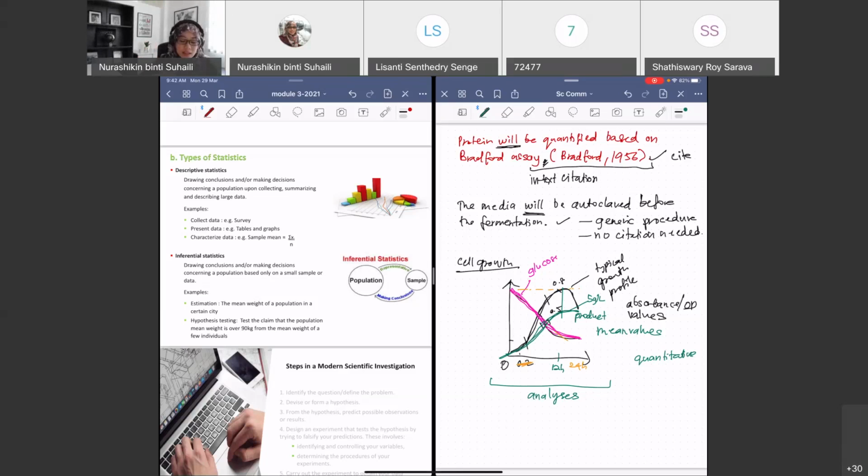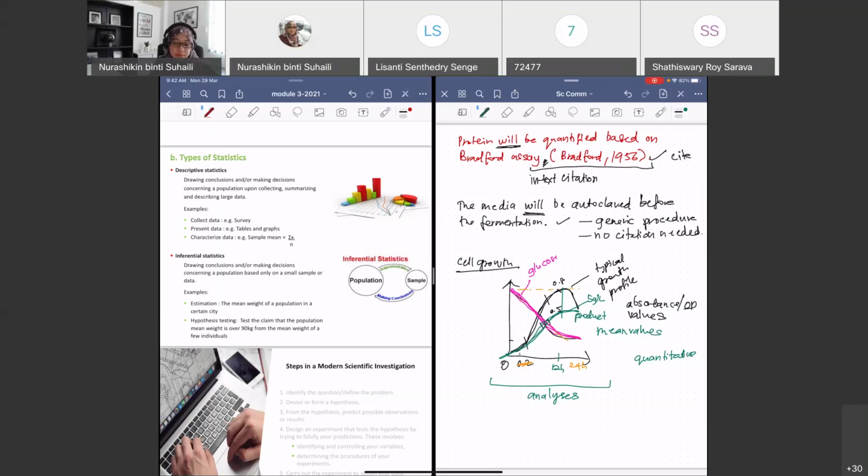So inferential statistics is about making predictions based on the data that you have. It's not just about describing whatever you have. It's different from descriptive statistics, like the case here, where I describe as it is. I don't talk about future things. Inferential is about making predictions and assumptions about what will happen based on your data.